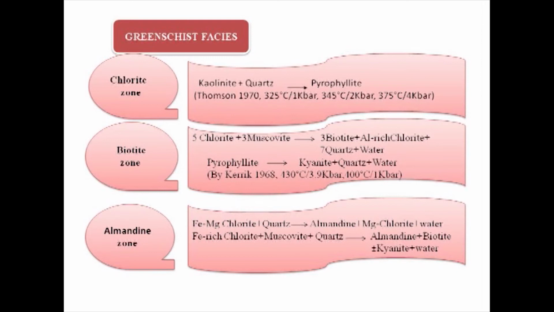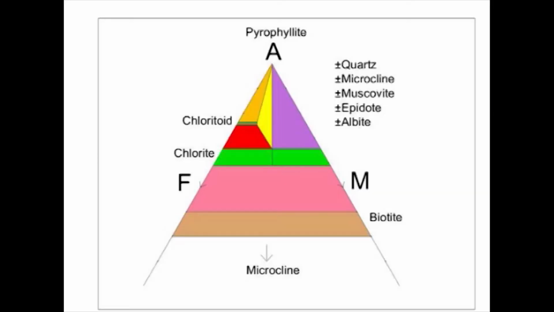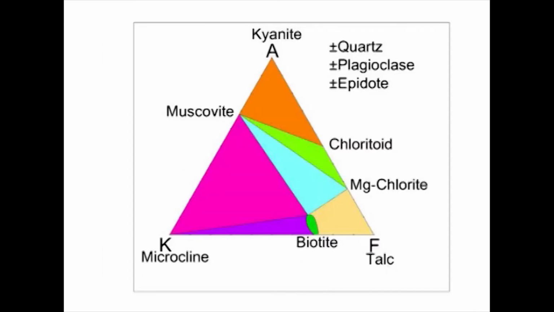This reaction was carried out by Carrick in 1968 at 430 degree centigrade, 3.9 kilobar and 400 degree centigrade, 1 kilobar. The pelitic assemblages are: first, the chlorite, chloritoid, plus or minus epidote, plus or minus muscovite, plus or minus albite and plus or minus quartz, that is also known as kyanite chlorite schist.